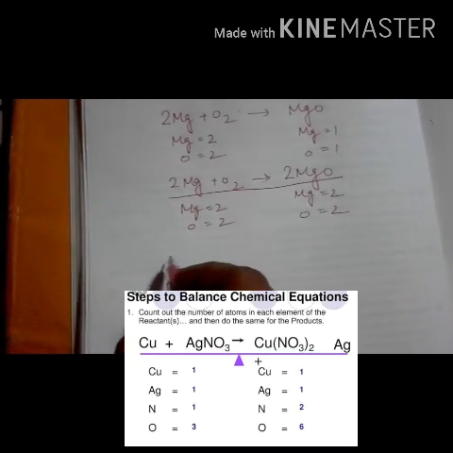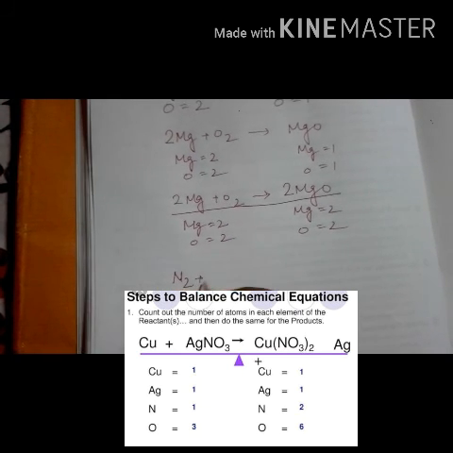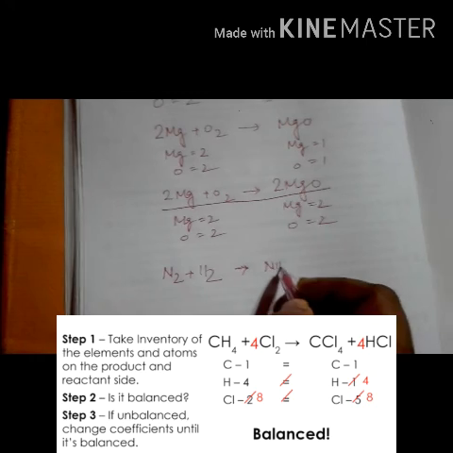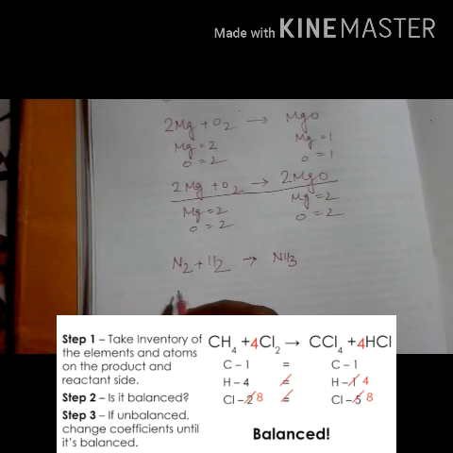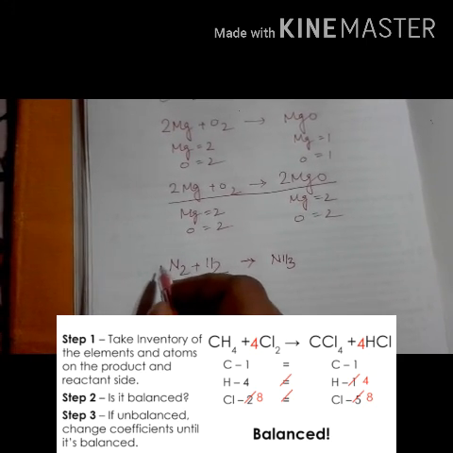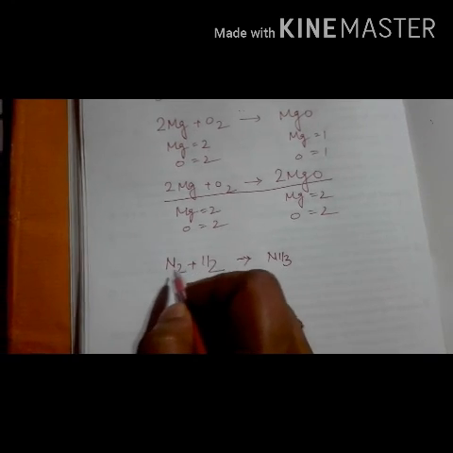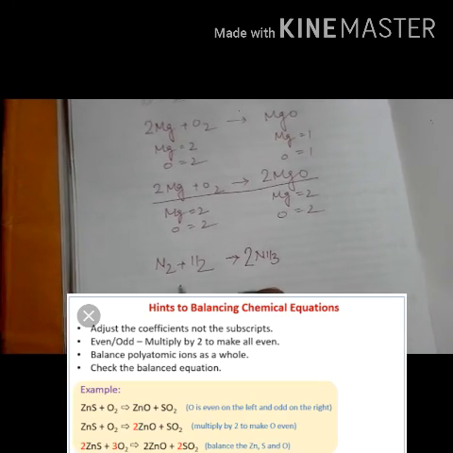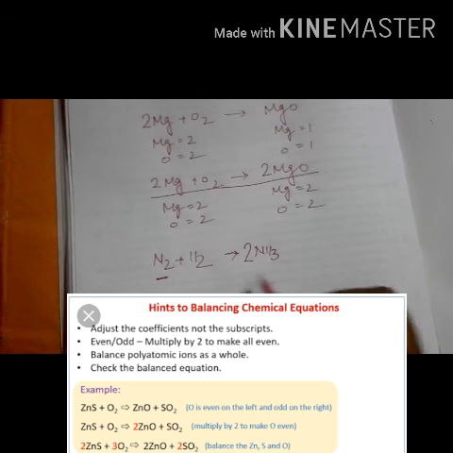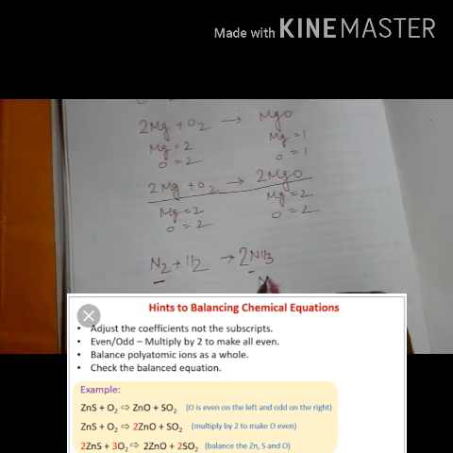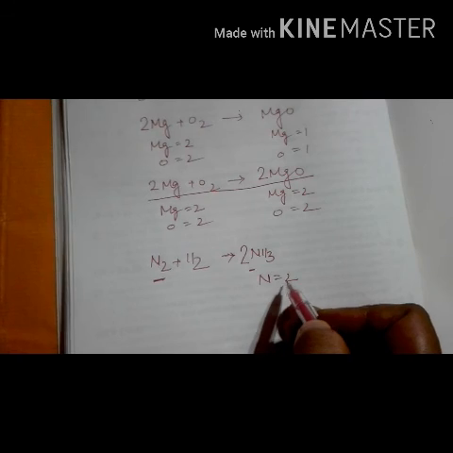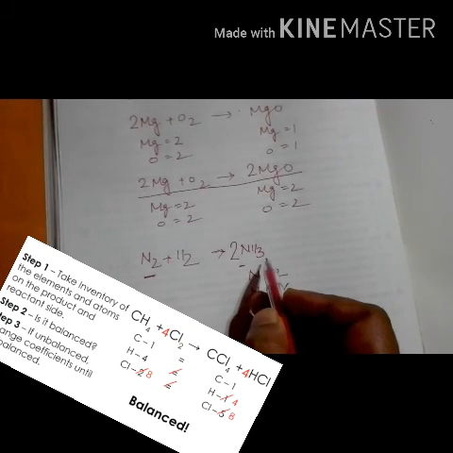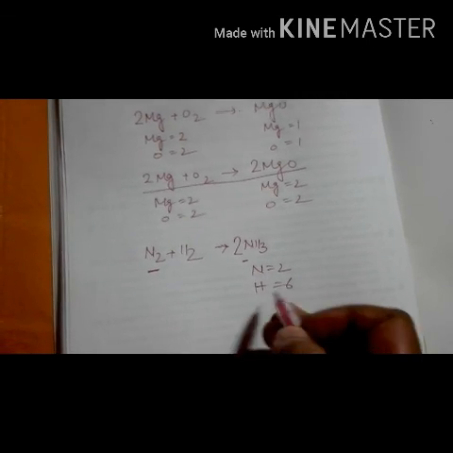Suppose one reaction is N2 plus H2 changes into NH3. If we balance it properly, we put 2 NH3, which means N is 2, and hydrogen is changed into 6, that is 2 multiplied by 3, which means 6.